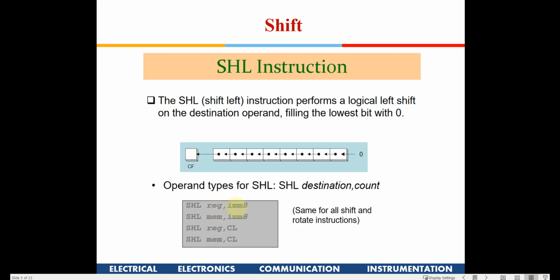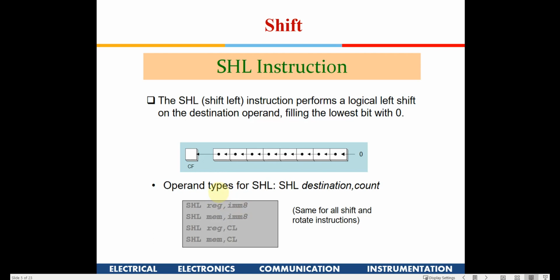If I write shift AL, 1, the data will be shifted by 1 bit. If I write shift BL, 4, the BL register will get shifted 4 times. 4 bits will be shifted towards the left.